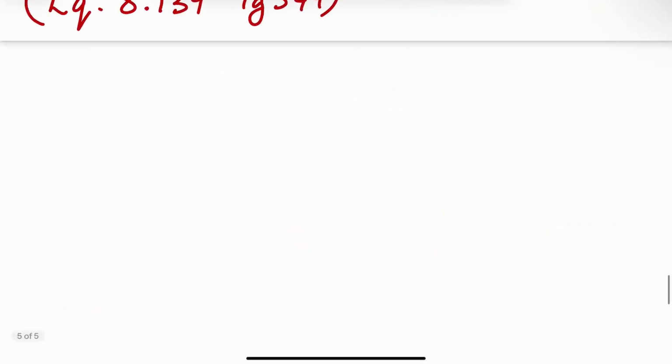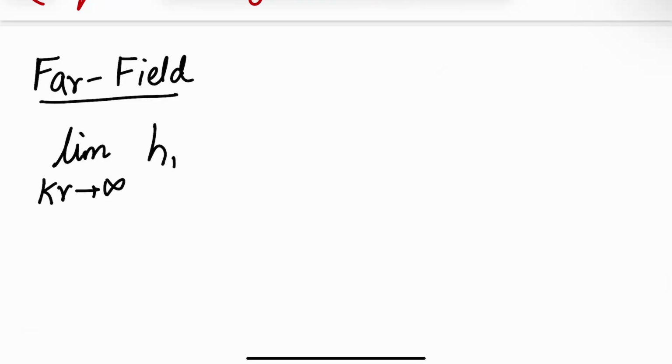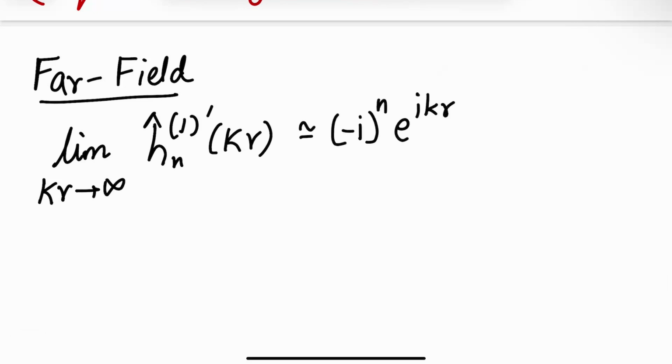So we have the scattered field, and it's fairly complicated, long expressions. We want to simplify it a little bit, so we want to look at the far field approximation. In the far field, we can use the large argument expansions for the Hankel function, the Bessel function, and so on. As you can guess, the Hankel function looks like an exponential: minus i to the n e to the ikr.